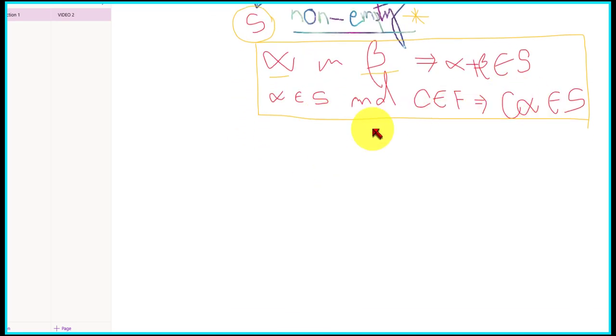These two conditions can be written as one condition like this.